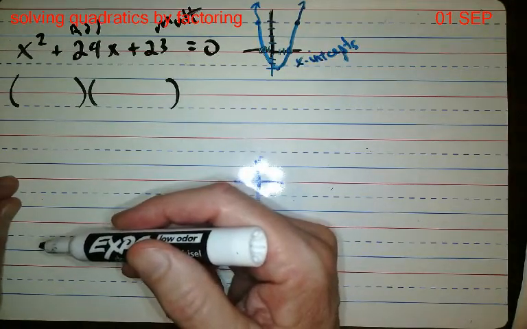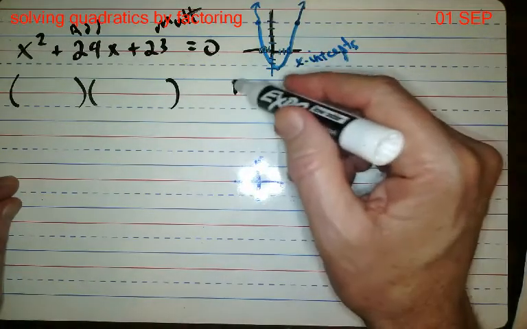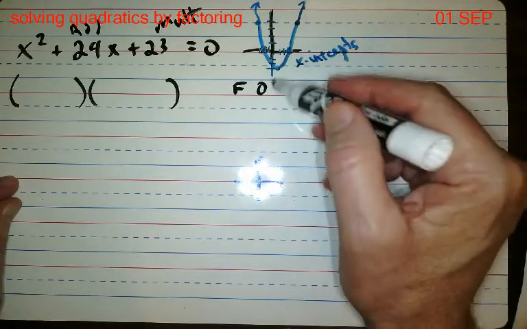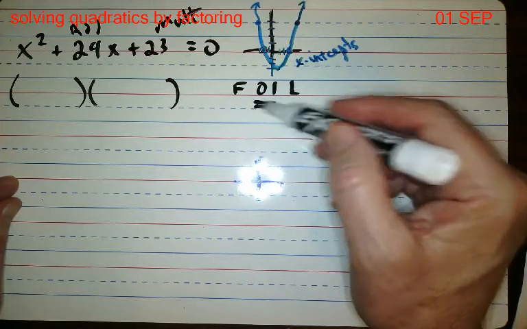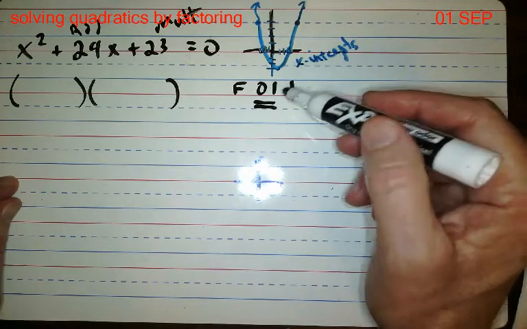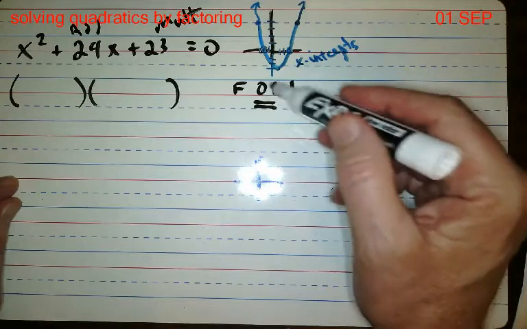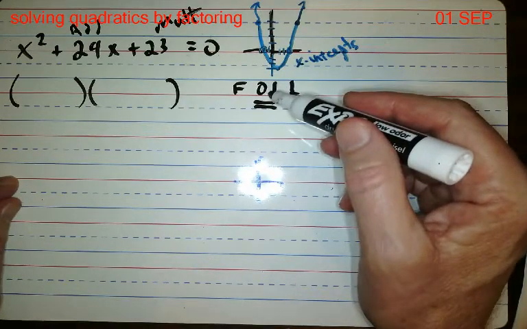And what we're doing is we're adding the inside and the outside together. FOIL, just like we did yesterday, except we're not doing the front and the back. We're just doing the inside, adding the two middle ones together.